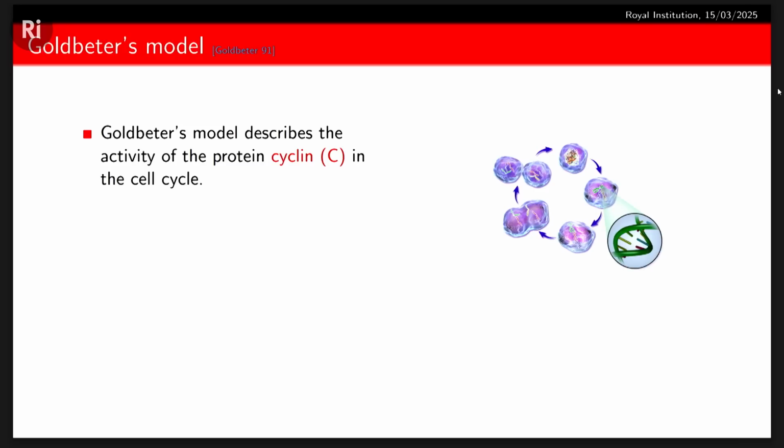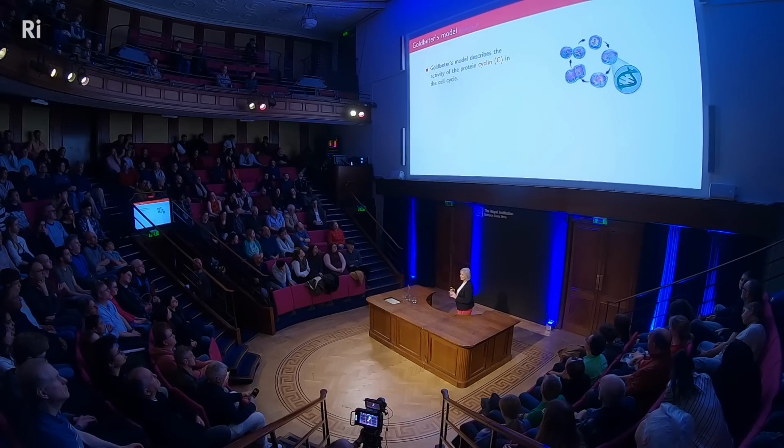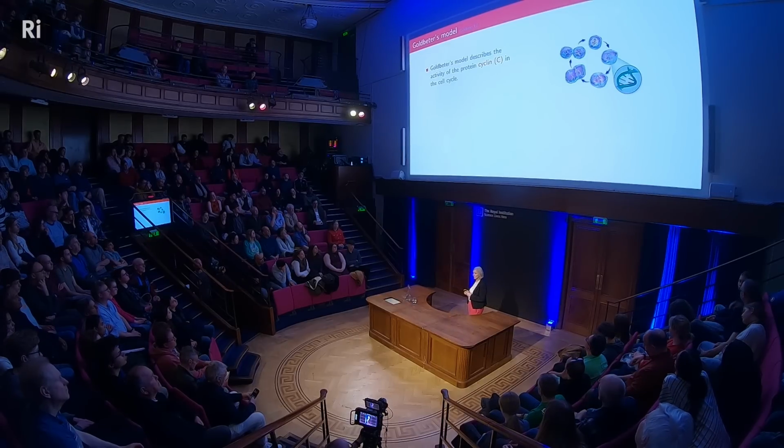So if we take a small example from the cell biology, this was the cell cycle. We have a model that's based on one that was published purely as a description by Goldbetter in 1991, and it's looking at how a protein called cyclin governs our cell cycle of when cells divide to form new cells.